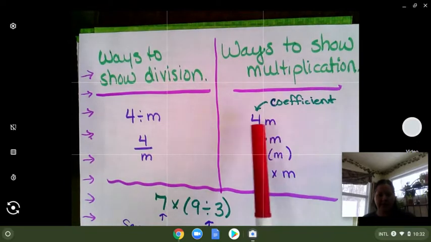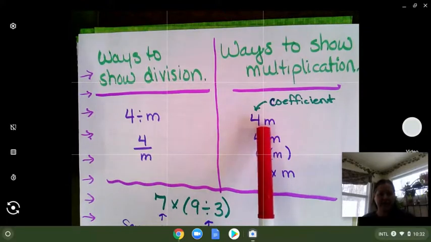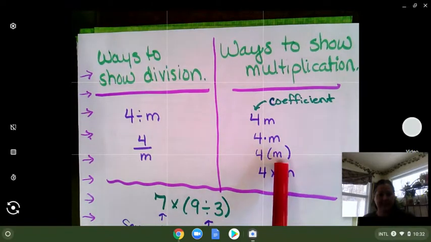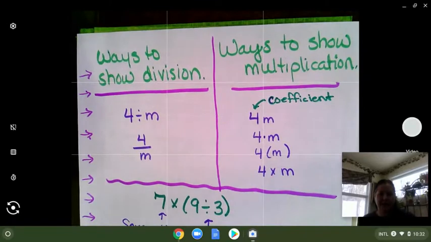You could have a coefficient in front of a variable without any sign, that's multiplication. You could have a dot, that means multiplication. You could have a number in front of a parentheses, that means multiplication. And then the old-fashioned multiplication sign will also mean multiplication. So those are a variety of ways to show division and multiplication.